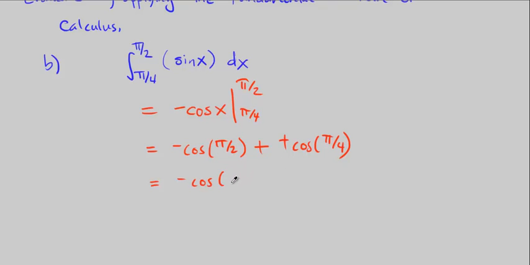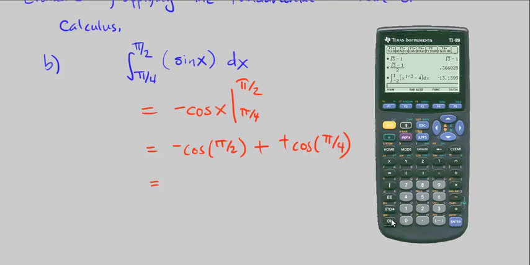I don't want to rewrite it. I want to plug it in, so I'm going to use my calculator. Cosine of pi over 2 is 0. So -0 plus cosine of pi over 4.